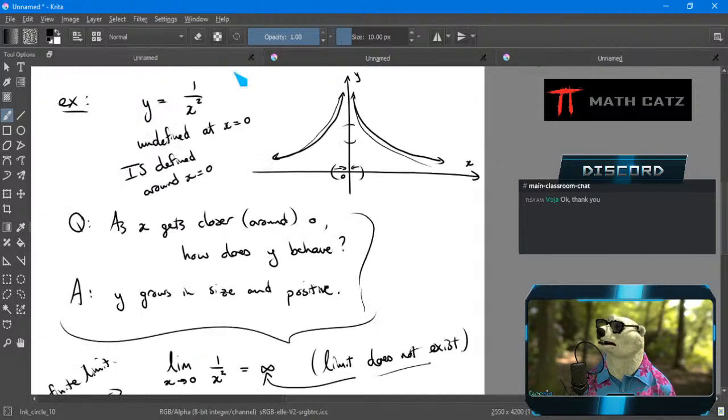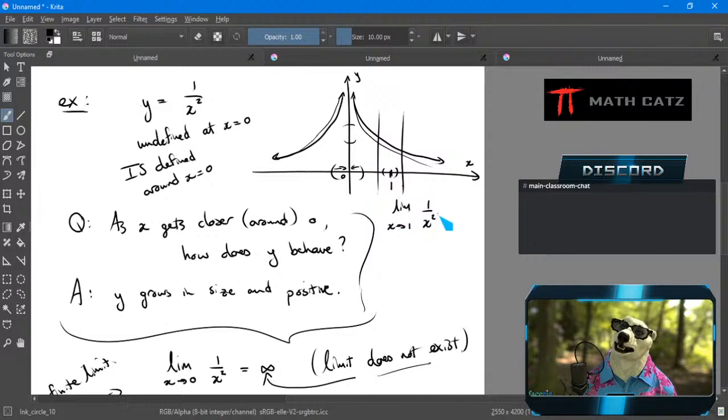Now, I will say, while I'm here, for example, if I ask for the limit as x approaches 1 for this function, note that there is no issue there. I am containing myself to a very small window around the x value in question. I don't care what happens anywhere else. Is it continuous on that little window? Yes, it is. 1 over 1 squared, 1 exists. Move on with your life.